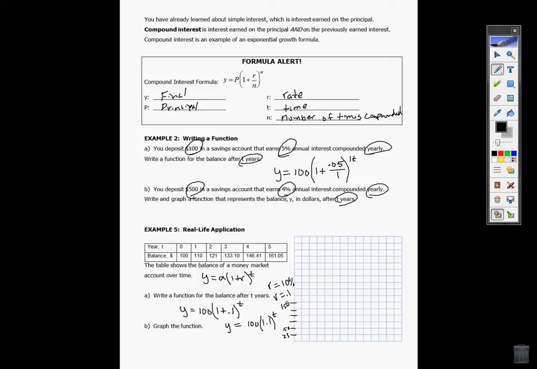I don't want to write all of these in here because it'll get a little too confusing. But each time, each block, I'm going up 25. Let's make that the scale for the y-axis. And over here, I'll just do 1 year, 2 years, 3 years, 4 years, 5 years.